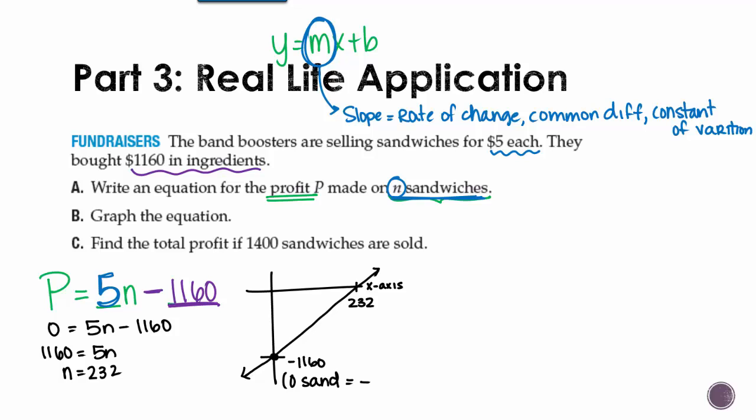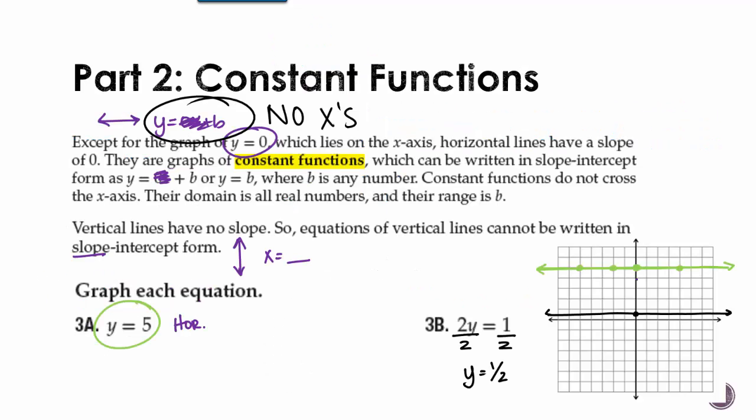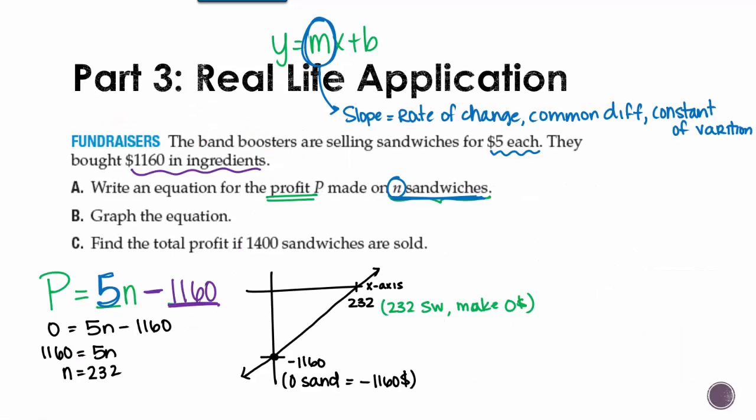I make negative $1,160 because I bought ingredients. Now up here, if I sell 232 sandwiches, I make $0 because that's right where I break even. So any sandwiches above 232, I'm going to start making money.